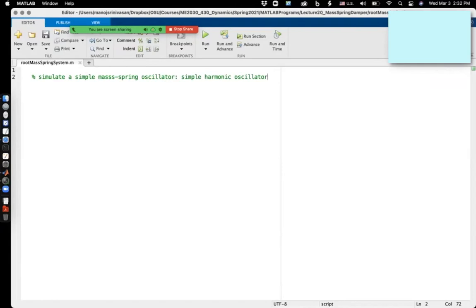So imagine you have a wall, a spring, a mass, okay? And that's all there is. The spring has stiffness K, the mass is M, and the spring rest length, namely the stress-free length, is L naught or something.